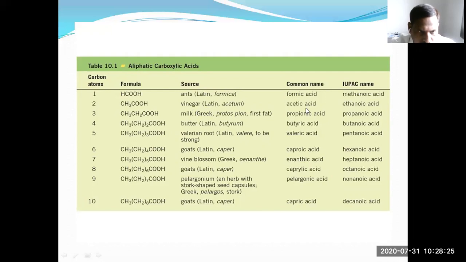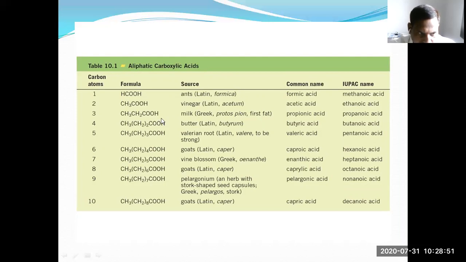The source of this acid is vinegar, which is why the common name is acetic acid. The IUPAC name: 2 carbons, the alkane is ethane. Instead of e, add oic acid as a suffix to get ethanoic acid.